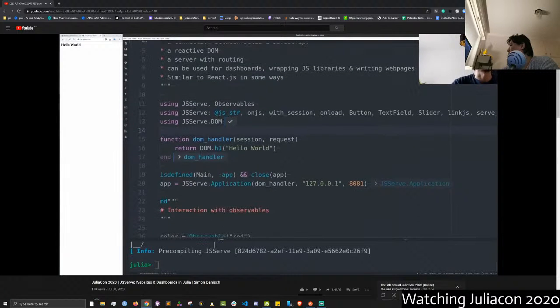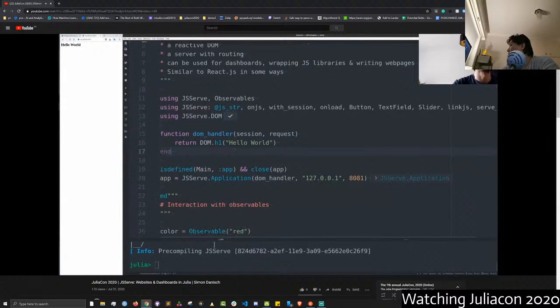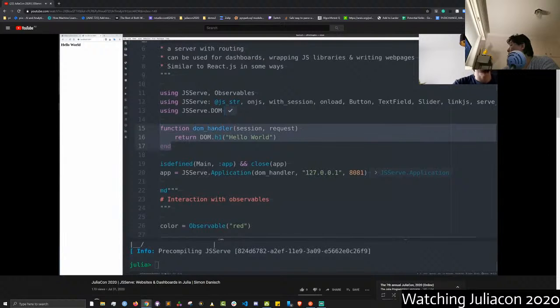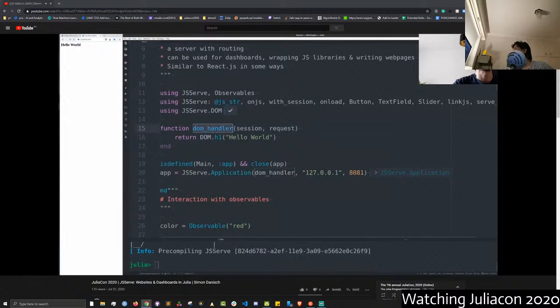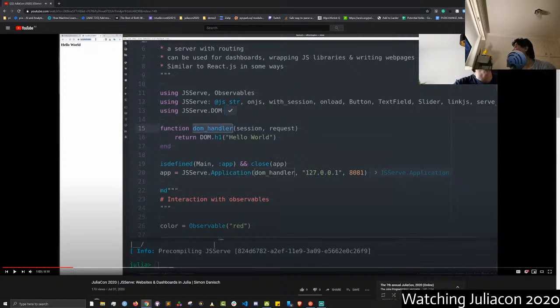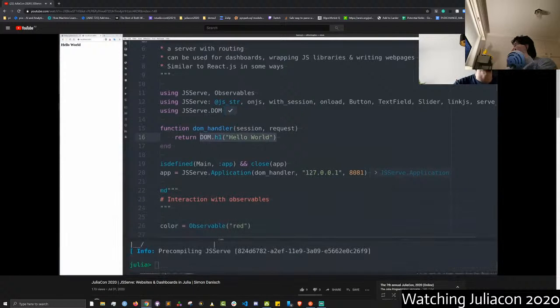How does it work? Let's create a simple web page with it. The core is that you have a DOM handler that is called whenever you get a request. So if you request this web page here on localhost, this function will get called.